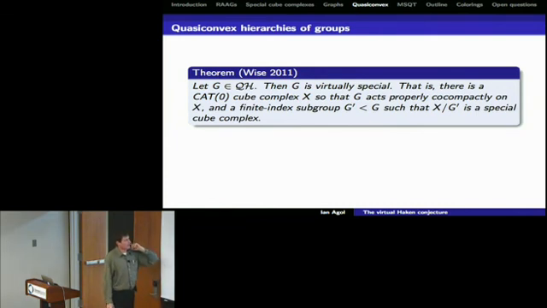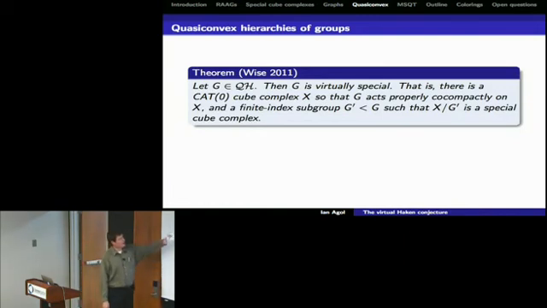What I mean by that is there's a CAT(0) cube complex X, where CAT(0) here means simply connected and locally CAT(0), so it's globally CAT(0), such that G acts properly cocompactly on X. And there's a finite index subgroup G' of G such that the cube complex X mod G' is a compact special cube complex. So we have a hyperbolic group that has a finite index subgroup that's the fundamental group of a special cube complex.